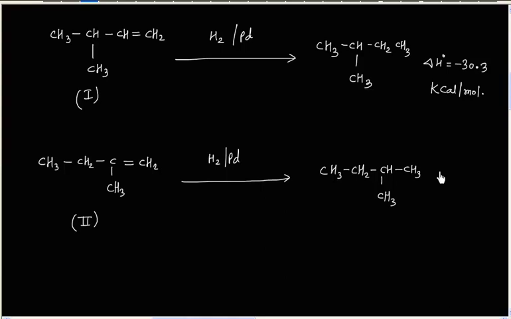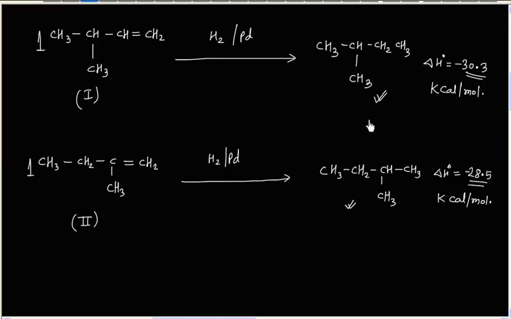And in this case delta H degree value, that is a standard heat of hydrogenation value, is minus 28.5 kilocalorie per mole. This means 28.5 kilocalorie energy is released when we hydrogenate 1 mole of alkene. Similarly, in this case, if we hydrogenate 1 mole of alkene, 30.3 kilocalorie energy will be released. Now see, this molecule and this molecule is same. Product is same in these two cases.